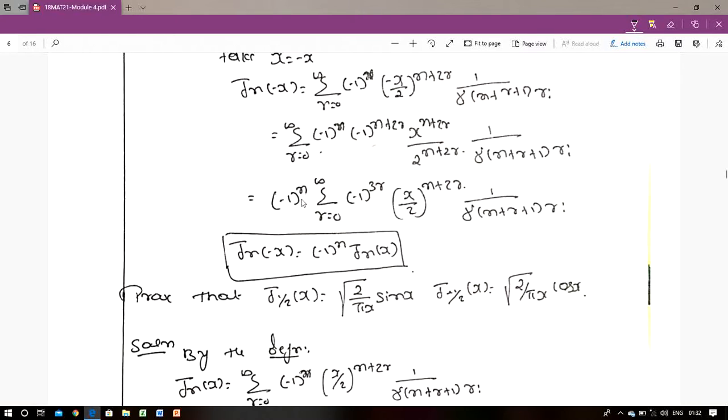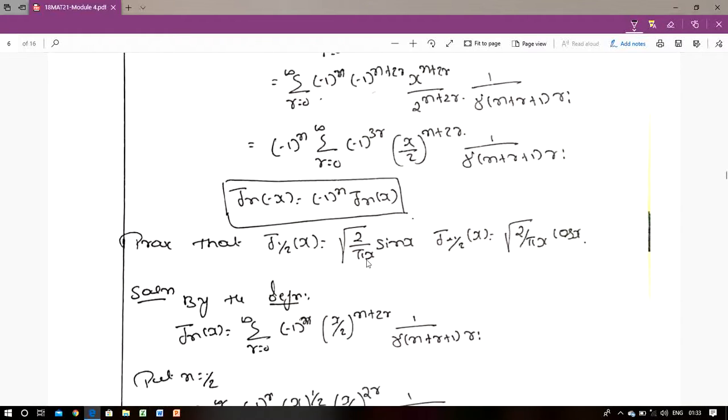(Minus 1) to the power of r into (minus 1) to the power of 2r can be written as (minus 1) to the power of 3r into (x by 2) whole to the power of n plus 2r into 1 by gamma of n plus r plus 1 into r factorial. So Jn of minus x is equal to this whole term, which we can write as Jn of x. That is the second property.